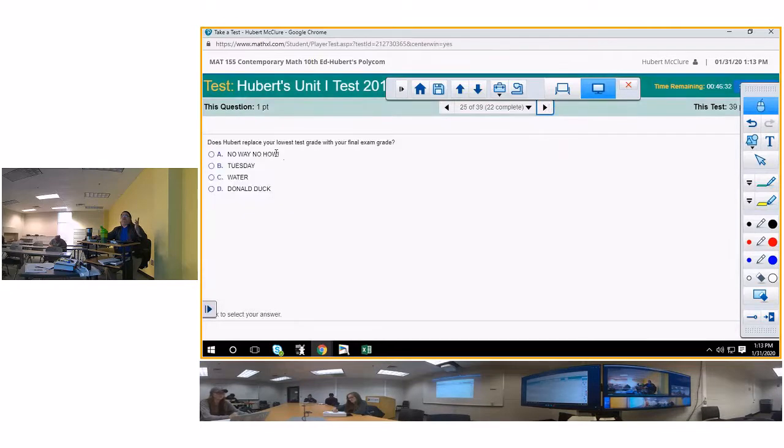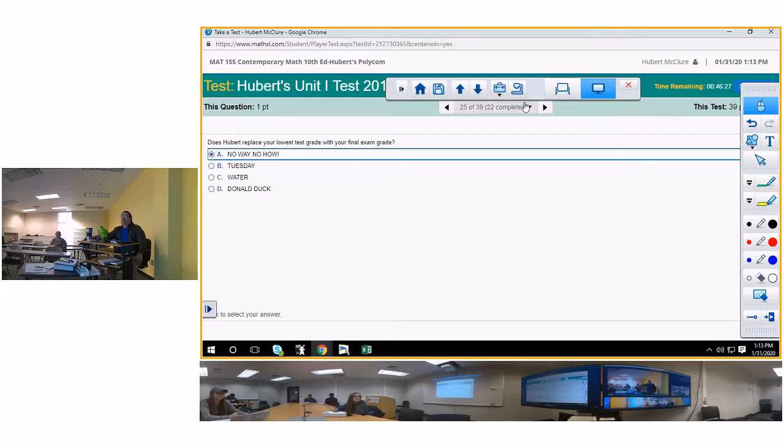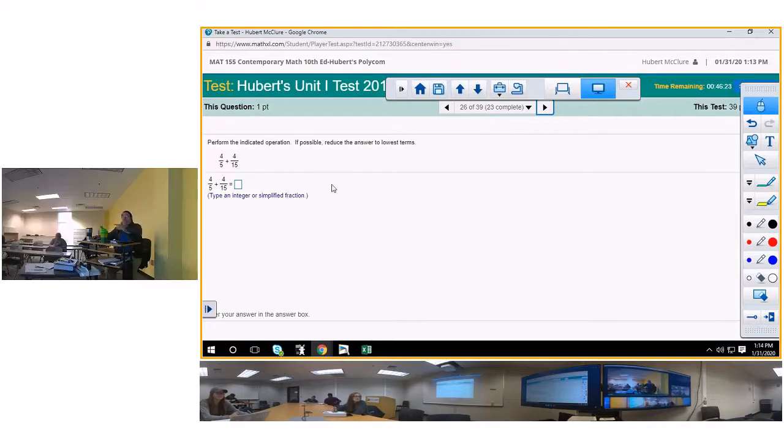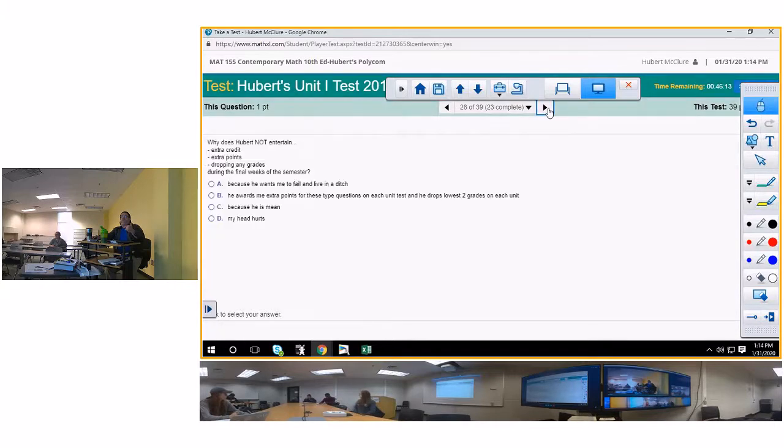Does Hubert replace your lowest grade with your final exam? I'm going to put hell to the no on there one of these days. That's addition of fractions. Write that down, addition of fractions. There's another, scientific notation, multiplication. Hubert does not entertain, give me extra points at the end of the semester.